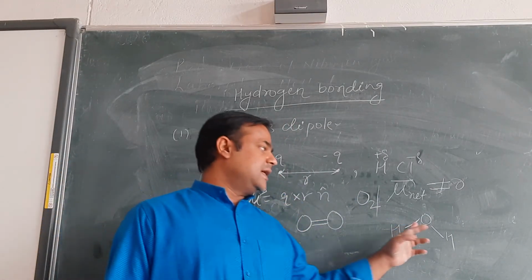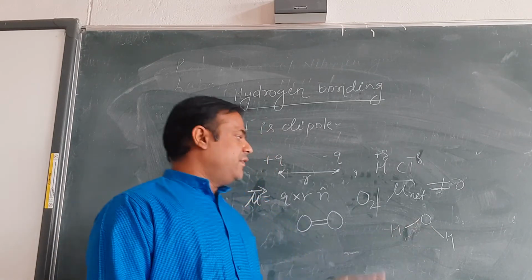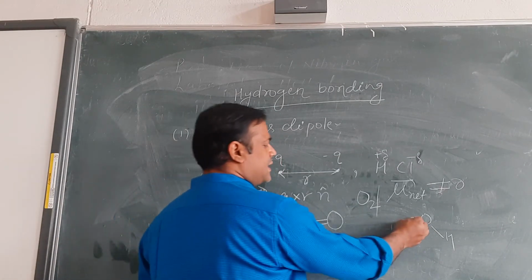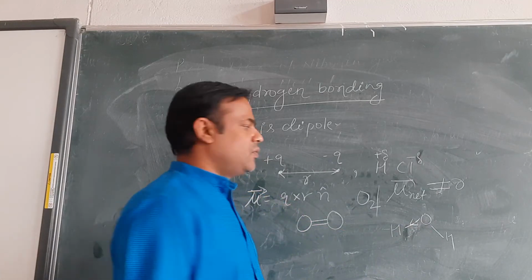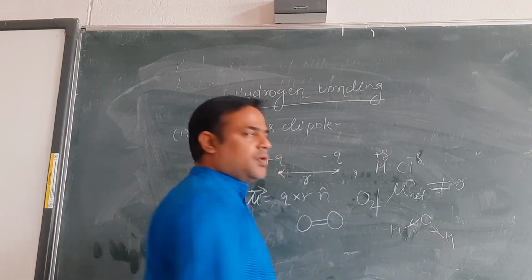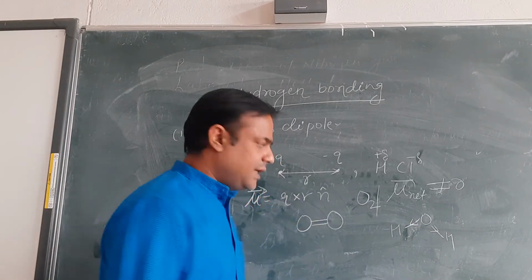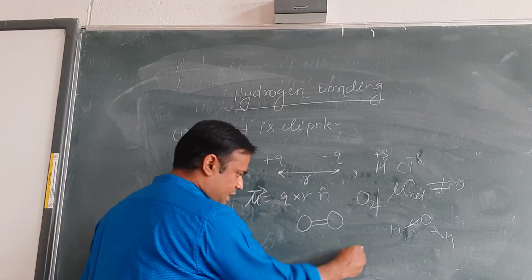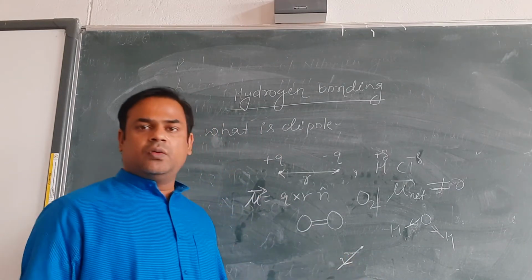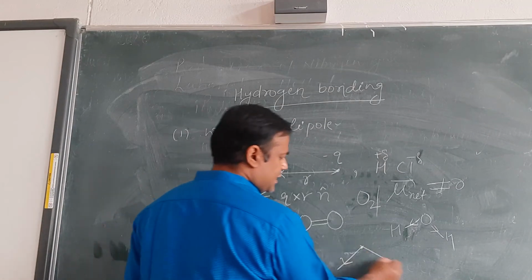First one is there is net dipole moment. If we check here, one dipole moment will act in this direction, one dipole moment will act in this direction. So if we represent this vectorially, one dipole moment is acting in this direction with water molecule and one dipole moment is acting in this direction.